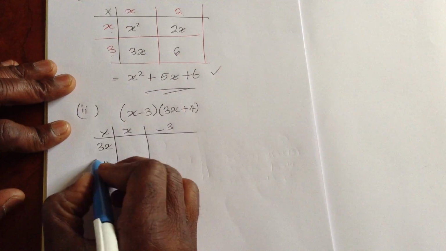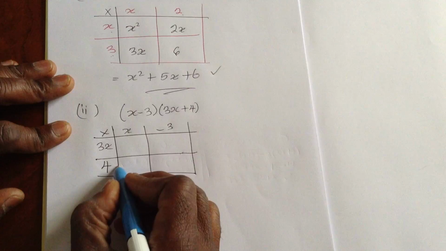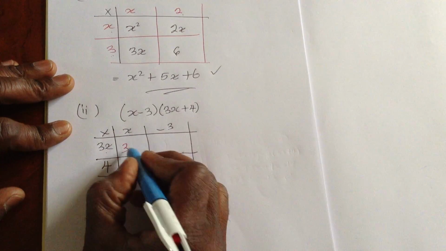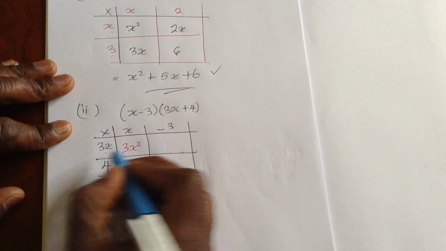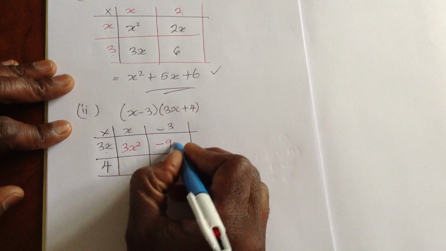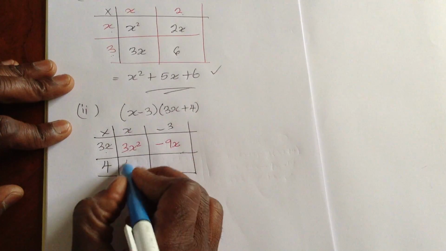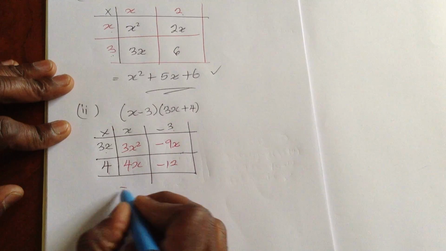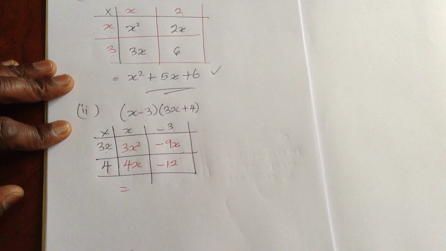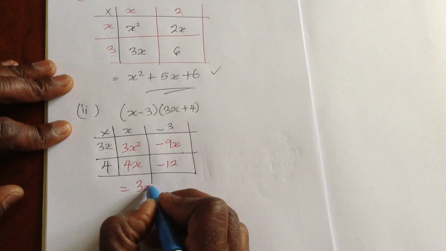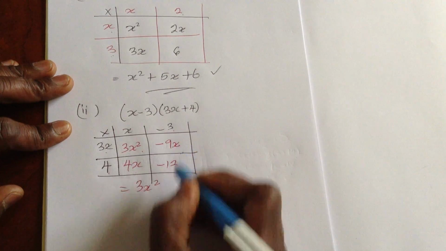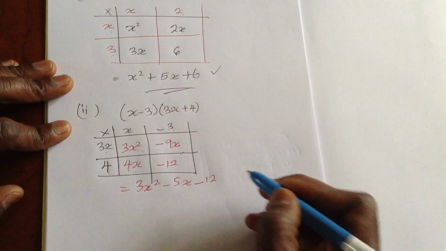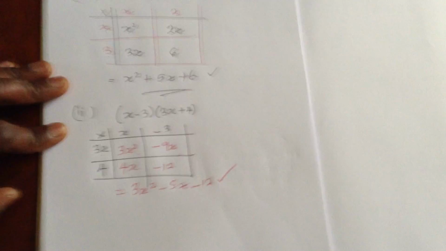We can create our grid and then fill in the grid. 3x times x will give us 3x squared. 3x times minus 3 will give us minus 9x. 4 times x is 4x. And then 4 times minus 3 will give us minus 12. If you simplify the answers in the grid, we're going to get 3x squared, and that will give us minus 5x. And we'll be left with our minus 12, which is the same thing as the one we did.